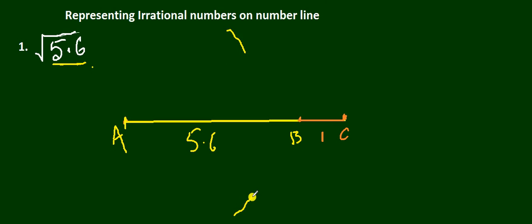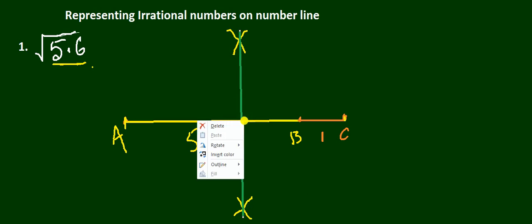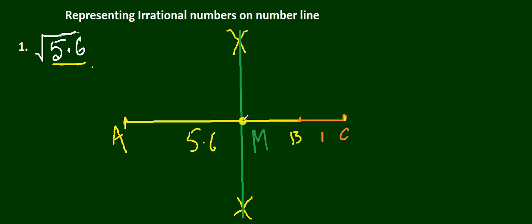We keep the radius the same, and with C as center we draw an arc with the same radius, so that when I join the 2 points, I'll get my midpoint. Let me name my midpoint as M.